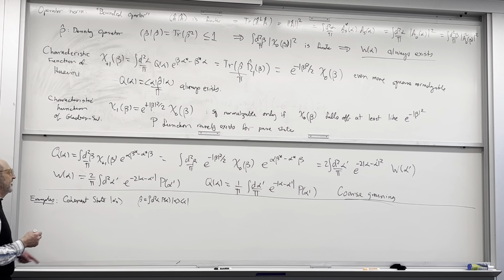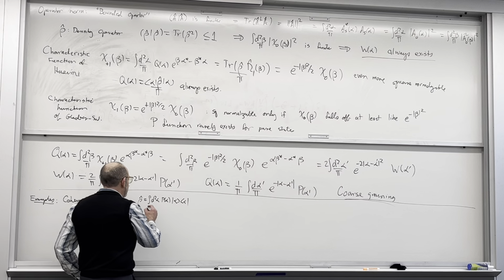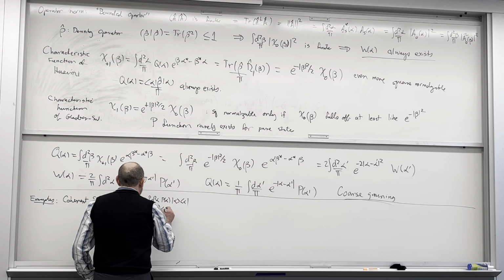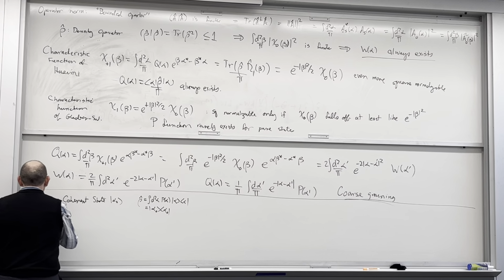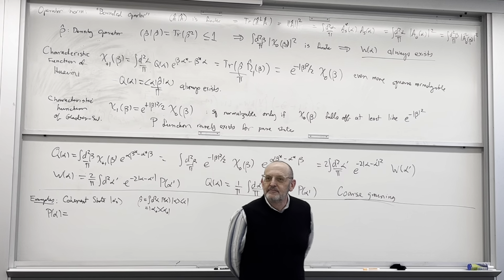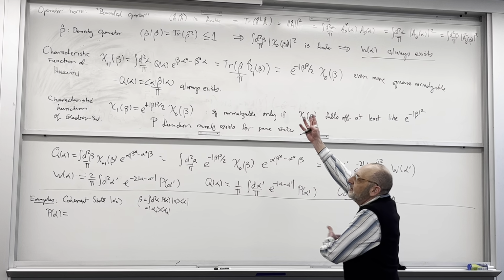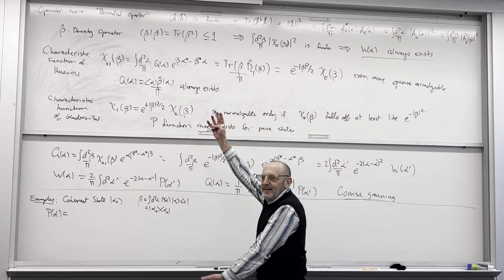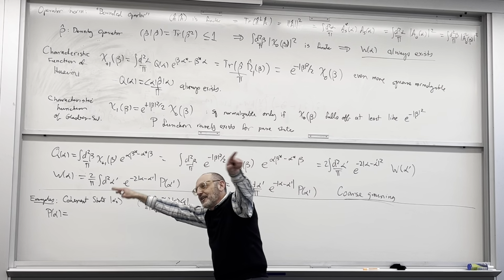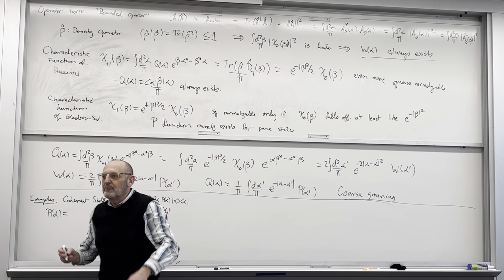What's the P function of a coherent state? A delta function. We could do the formal thing, that's what we just said, where I'd find that the characteristic function was flat.